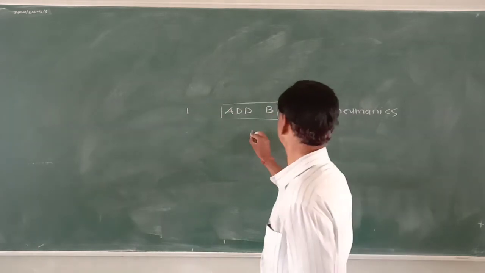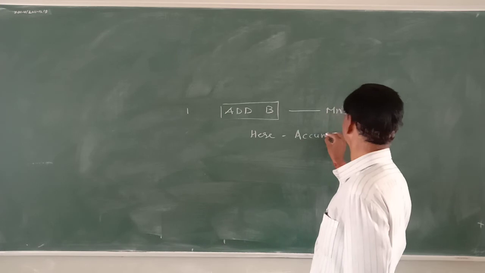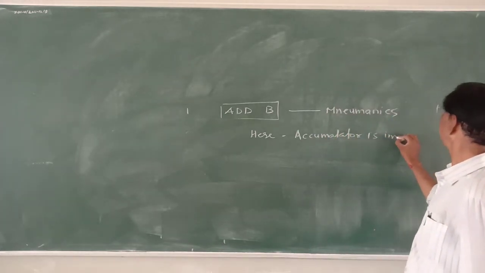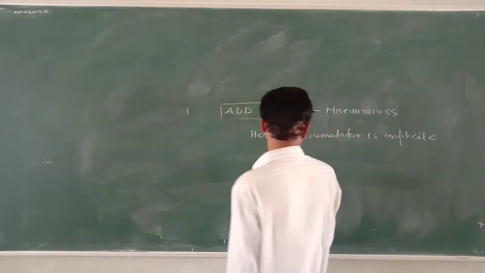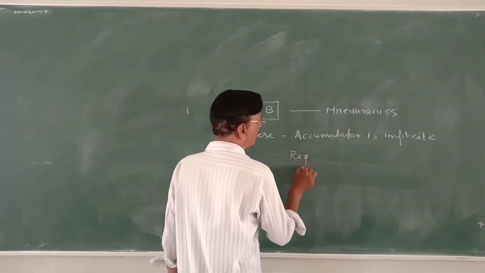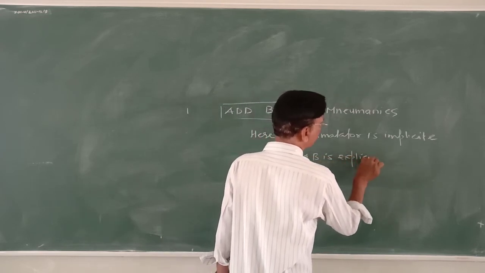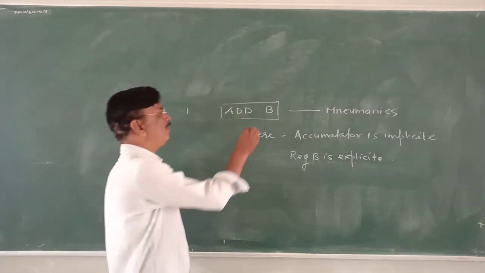So here the accumulator is implicit, and register B is explicit. So this is called implicit and explicit.